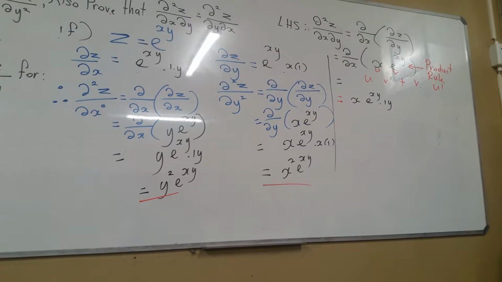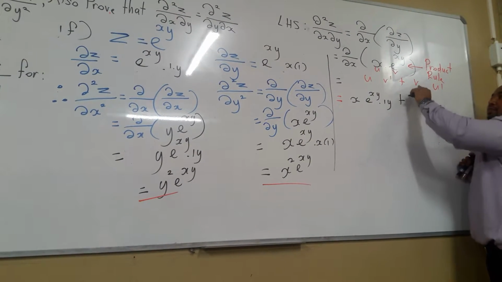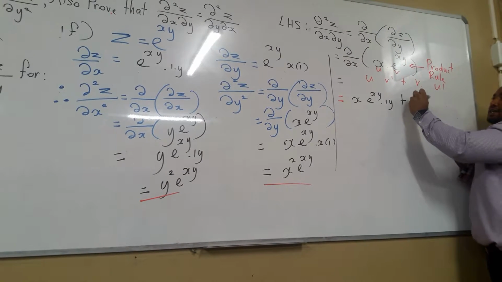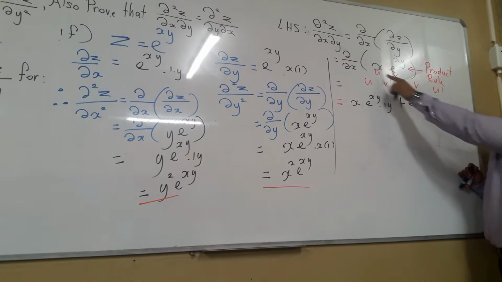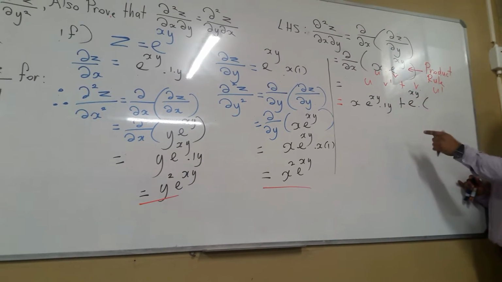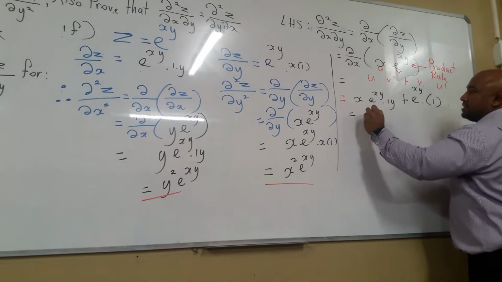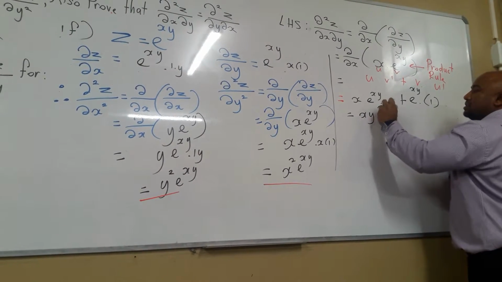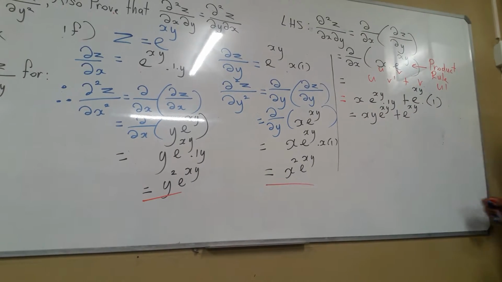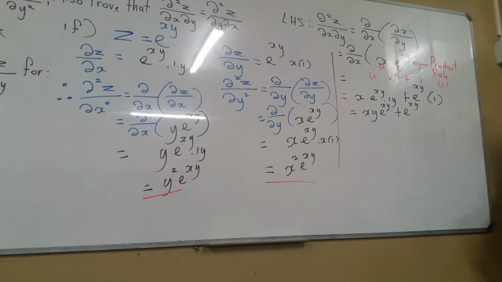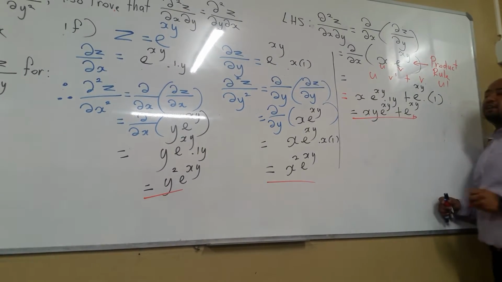That will be u v prime plus v, which is e to the power xy, times u prime. U was x, so u prime, the derivative of x, is 1. So that's basically it. That will be xy e to the power xy plus e to the power xy. You can take out a common factor, but it's unnecessary to do that. So this is the left-hand side.